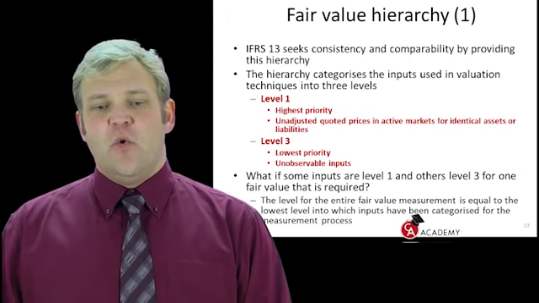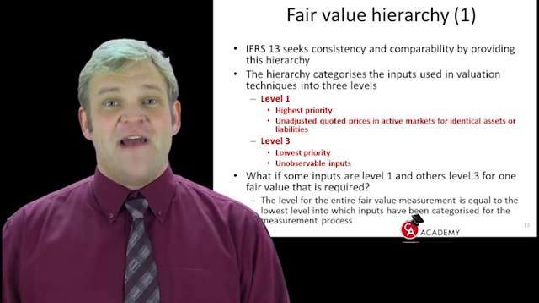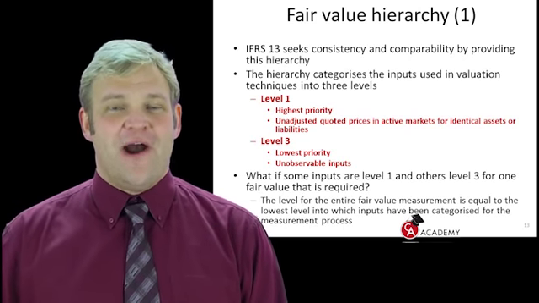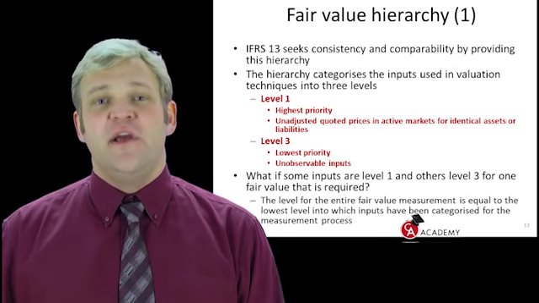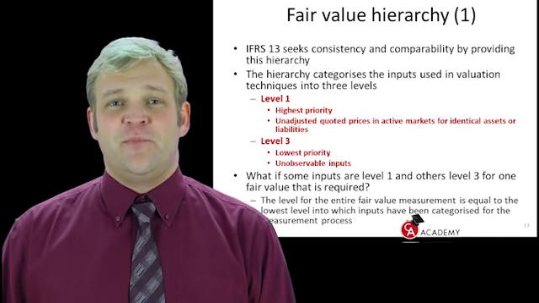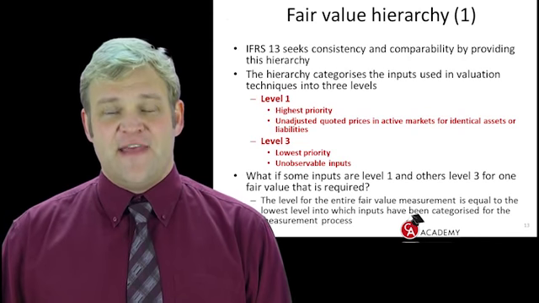All right, what if some inputs into your fair value are level 1 and other inputs are level 3 for one fair value that is required? Ladies and gentlemen, the standard goes worst case scenario: you are dependent on a figure that comes from level 3, so you will have to provide the disclosure requirements relating to level 3. That's how it works.